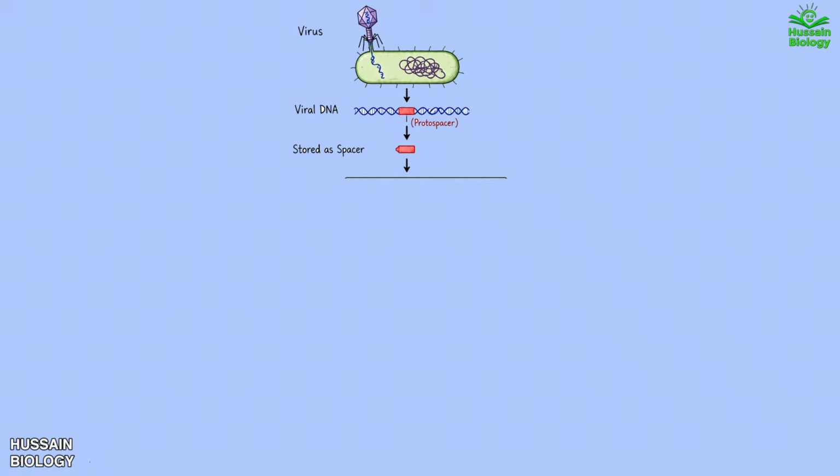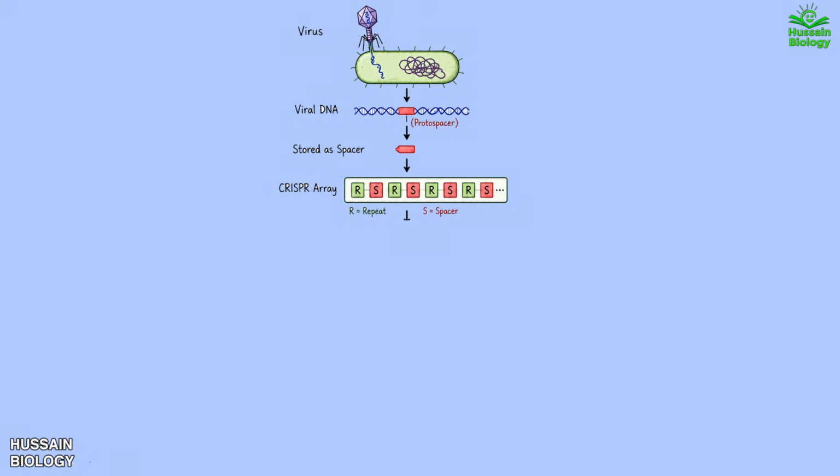So this short piece of viral DNA is captured and stored in the CRISPR array as a spacer. And if we look just below, we can see exactly where it goes. The CRISPR array contains alternating repeats and spacers, R S, R S, and so on. The newly acquired viral sequence is added as a new spacer in this array.